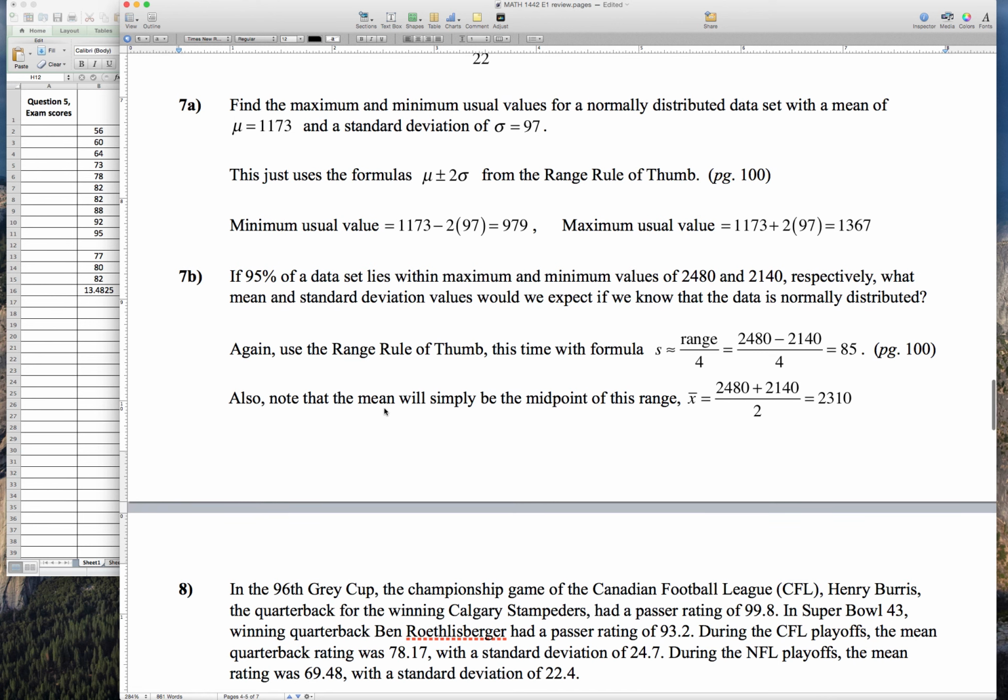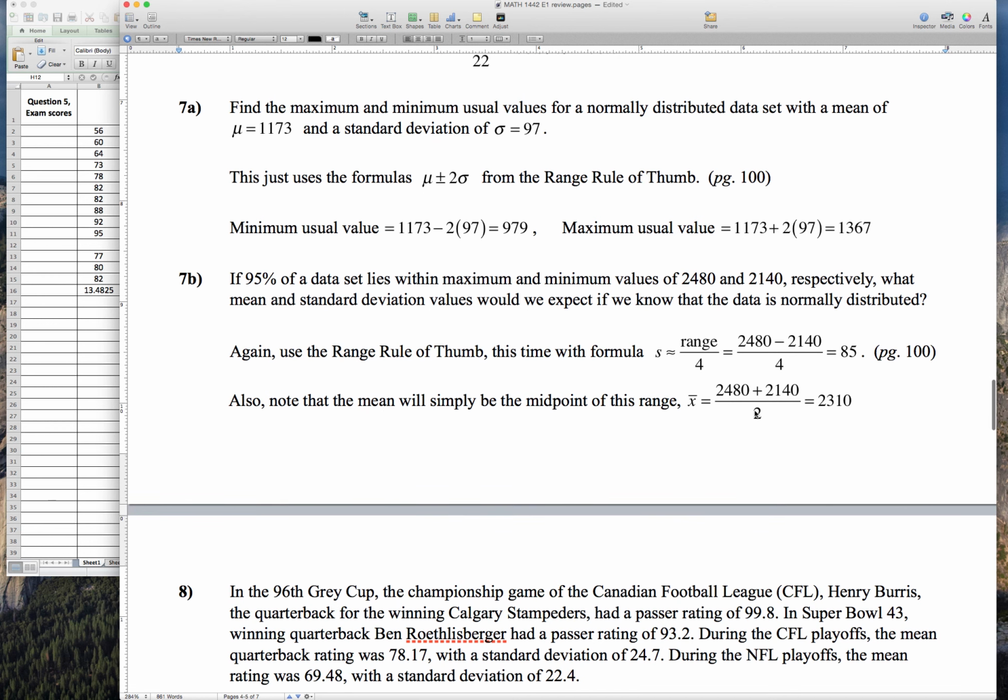Now the mean is just going to be right in the middle of these two, because remember, the mean is right down the middle between plus and minus 2 standard deviations. So to find that midpoint, to find any midpoint, you would add the 2 values and divide that sum by 2. You add these 2 together and divide by 2, you get 2,310.